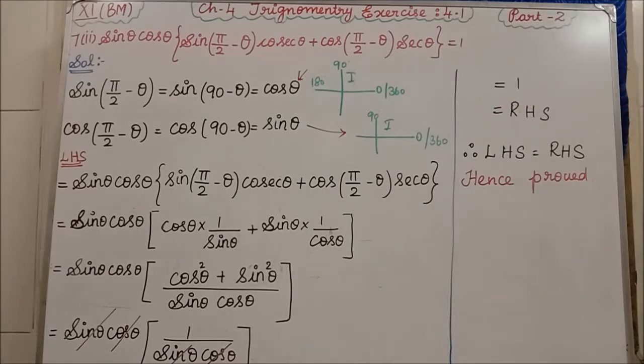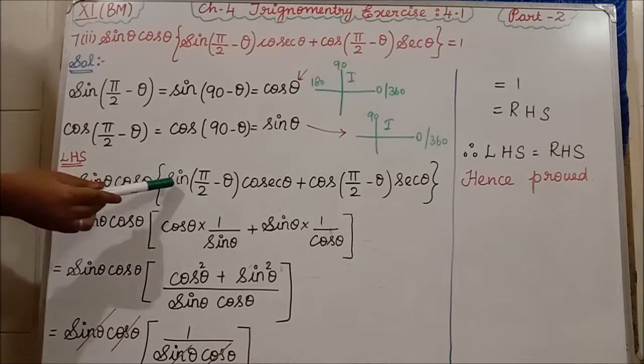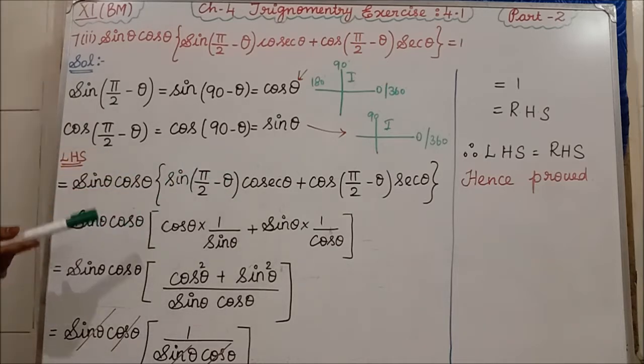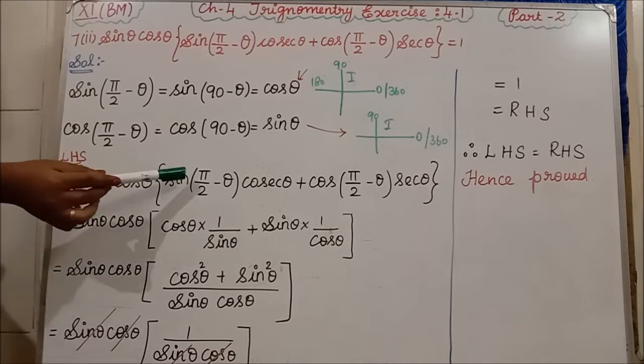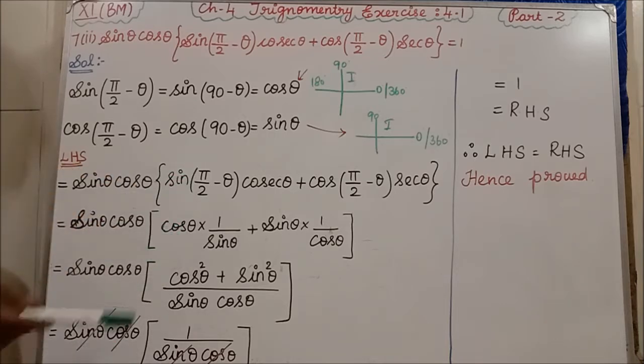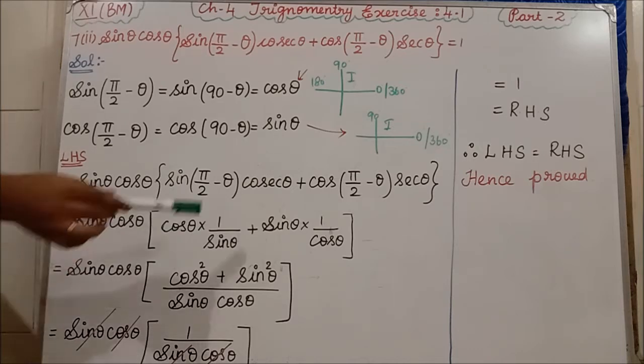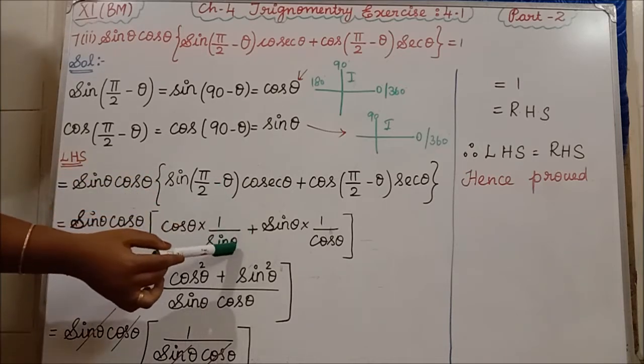Here first I am taking the LHS part. See, I have written here the LHS part. This is our question. Now sin theta I am writing as such, cos theta also as such. Now sin(pi/2 minus theta), what value are we having? We are having cos theta, isn't it? So for this I am writing cos theta into cosecant theta, which means 1 divided by sin theta.